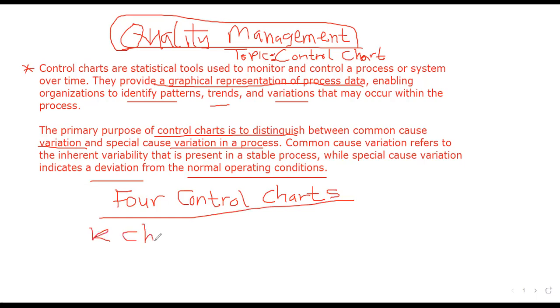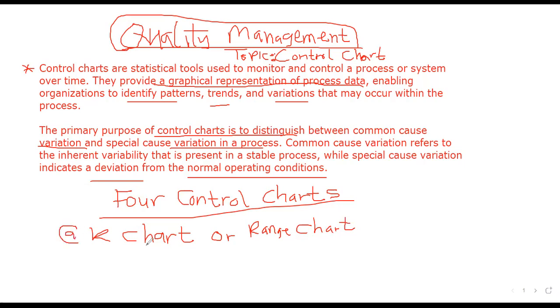This R chart is also called the range chart.